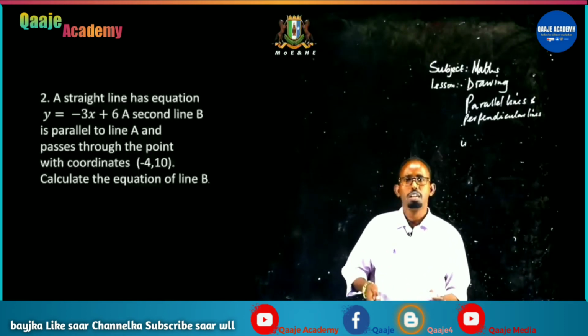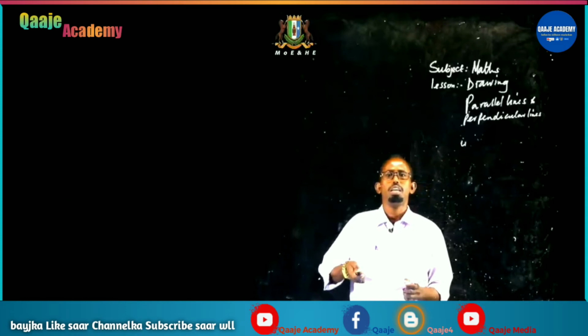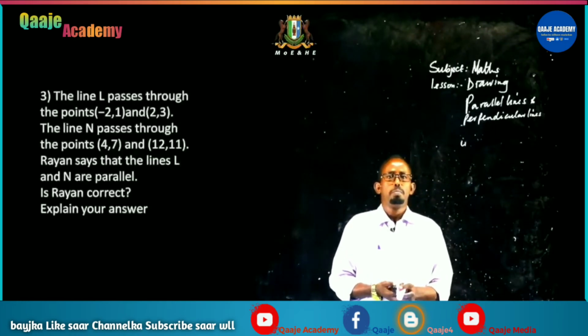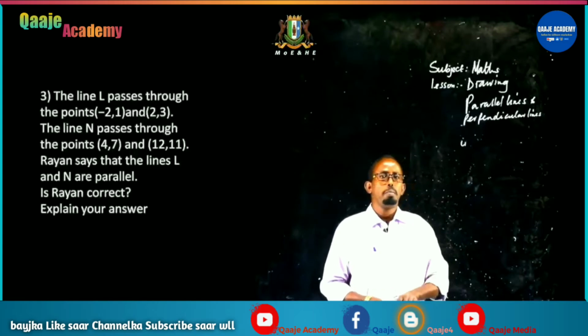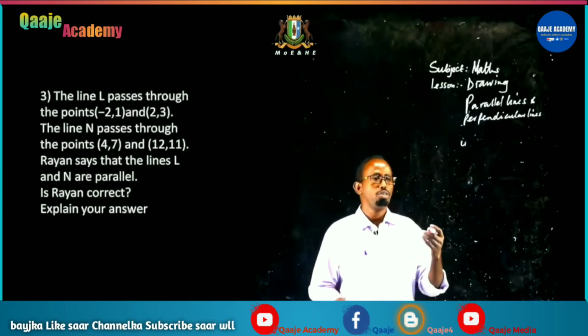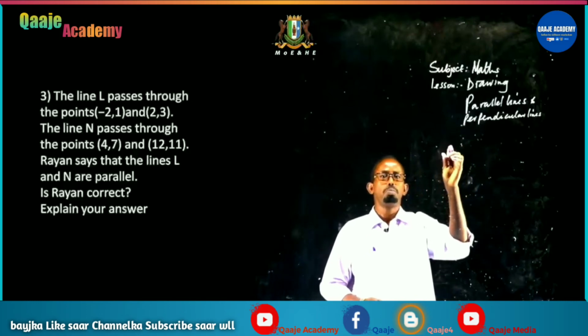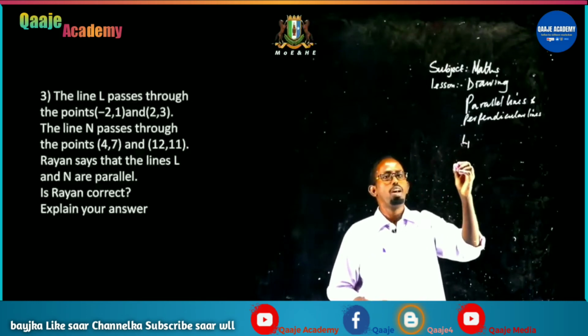Next, the line L passes through the points (minus 2, 1) and (2, 3). Let me call this one line L1.